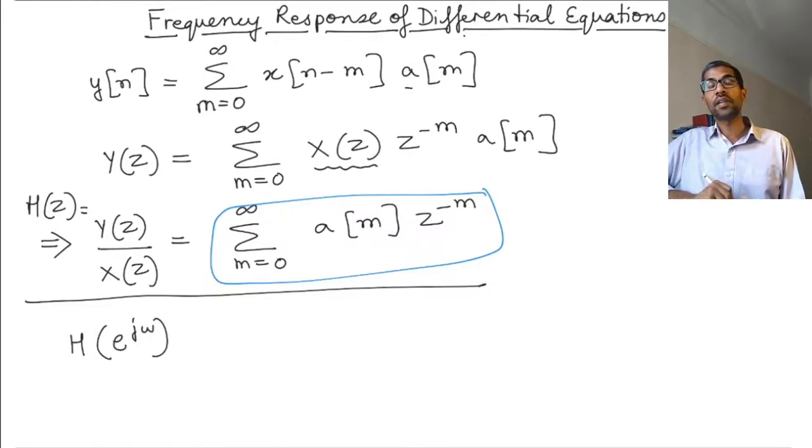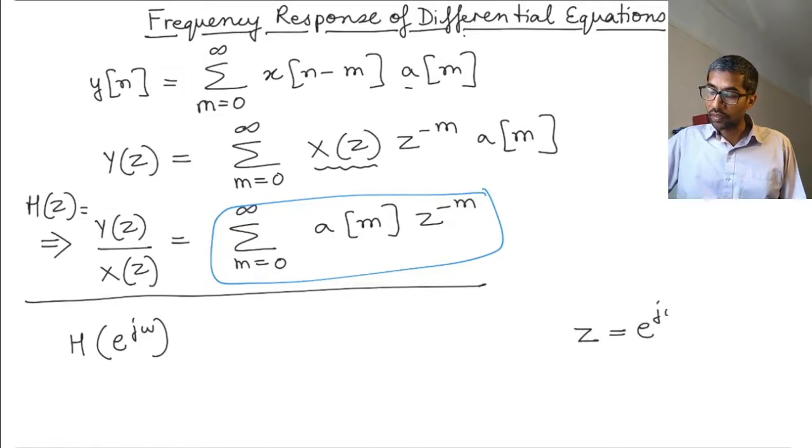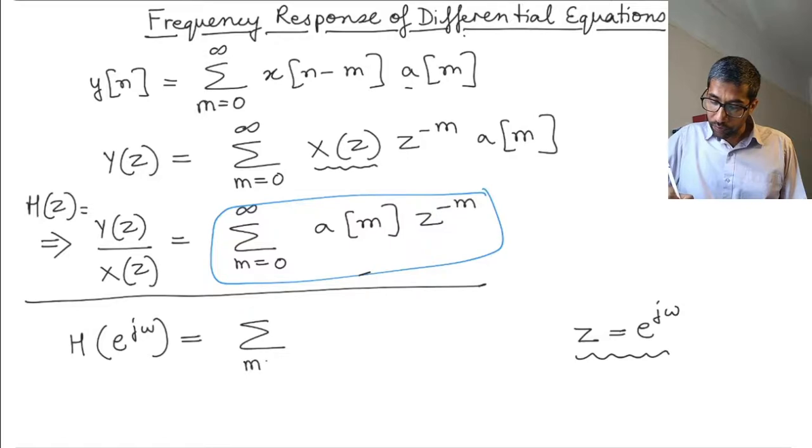Remember when we discussed this a few videos back, we substituted z with e to the power j omega. So if we do this substitution in this equation, what do we get? We get H(e to the power j omega) equal to the summation over m equal to 0 to infinity of a_m, and instead of z we say e to the power j omega, to the power minus m. So I can write it as this.